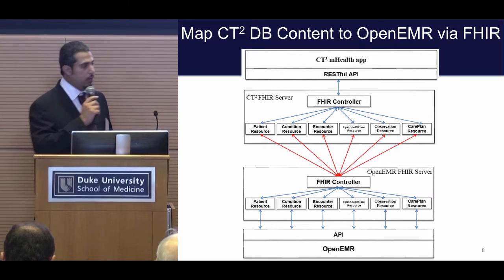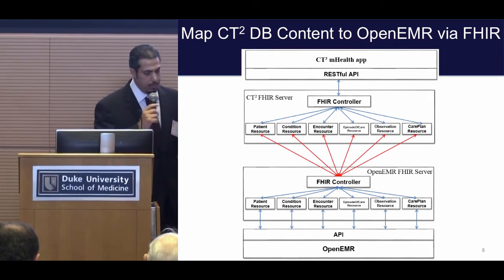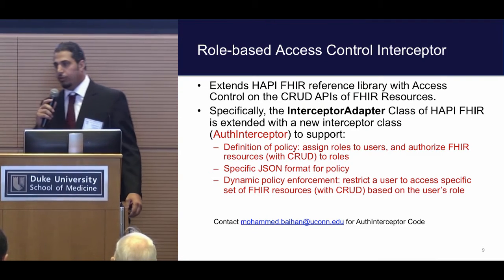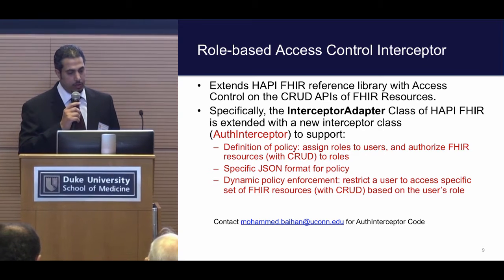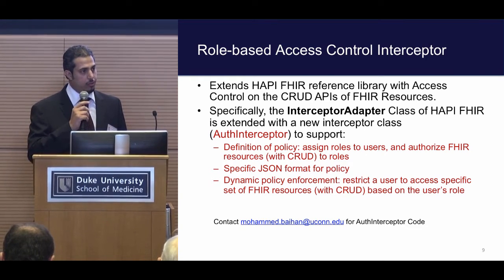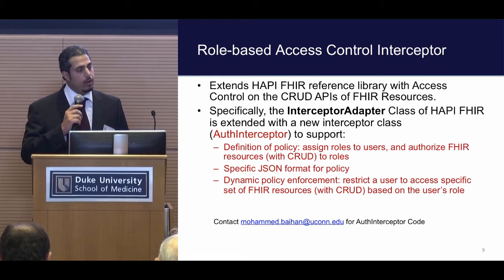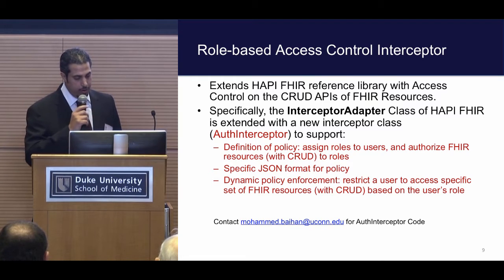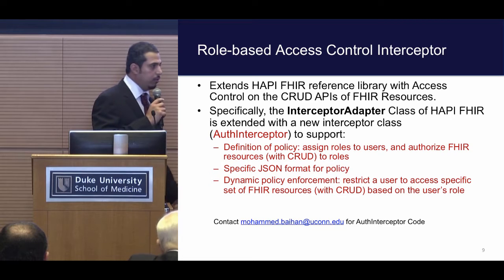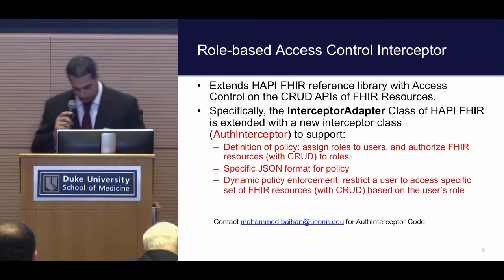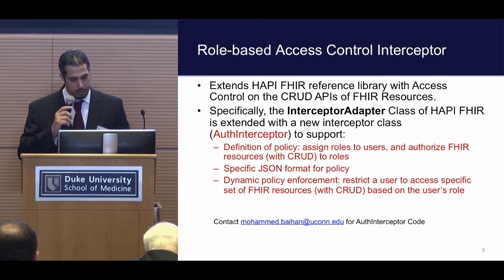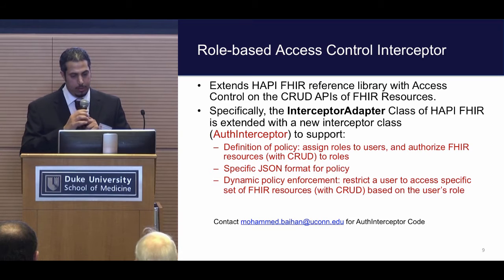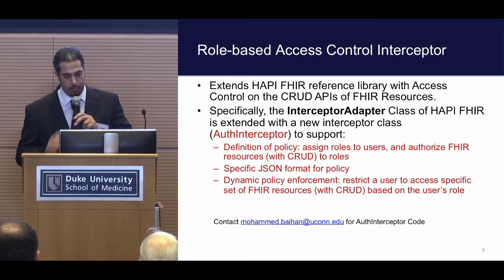One of the main and powerful implementations of the FHIR specification is HAPI, which is a Java-based implementation of FHIR. One important class of that implementation is the interceptor, called the interceptor adapter.